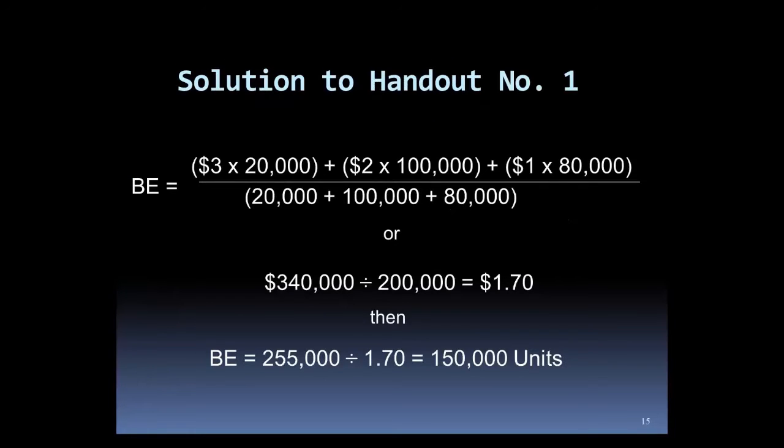So here is an example. We have 3 types of meals we're serving: early risers, children's, and ham and eggs. And so in total, we have 200,000 meals. They have different contribution margins: $3, $2, and $1.